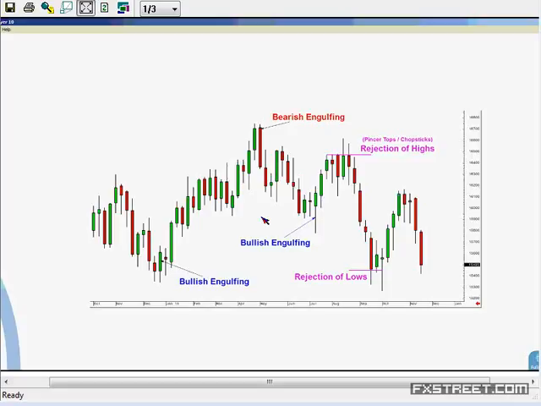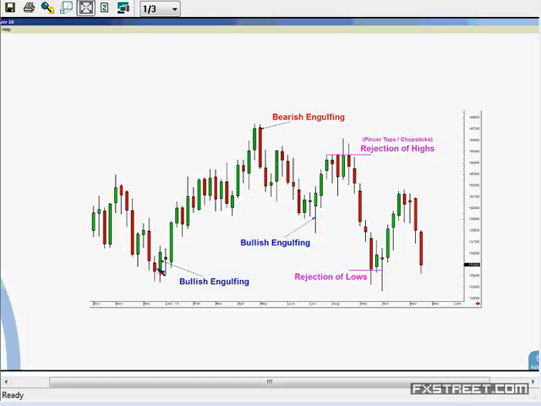You're far better off waiting for the market to confirm that the trend has changed and then to jump onto the trend. We've all heard the saying, the trend is your friend. But it is until the trend is over. So we want to be looking for these continuation and reversal patterns in the different time frames.